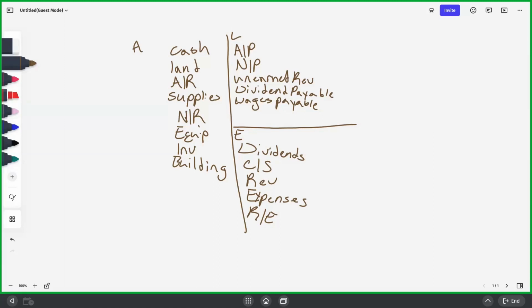So what if I were to say notes receivable? Asset. So debit, but does it increase with a debit? That's all right. You're perfect in that it's an asset. So now what about equipment?